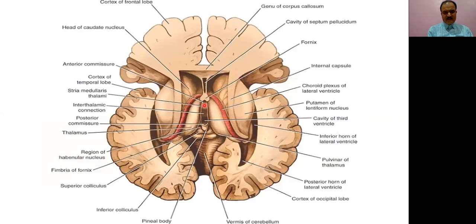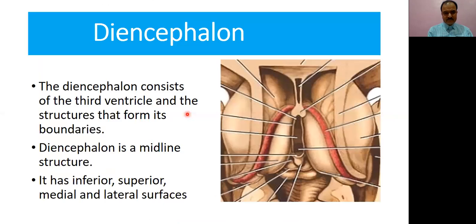You can see this is the third ventricle, and the structures around it constitute the diencephalon. So what is the diencephalon? The diencephalon consists of the third ventricle and the structures that form its boundaries.